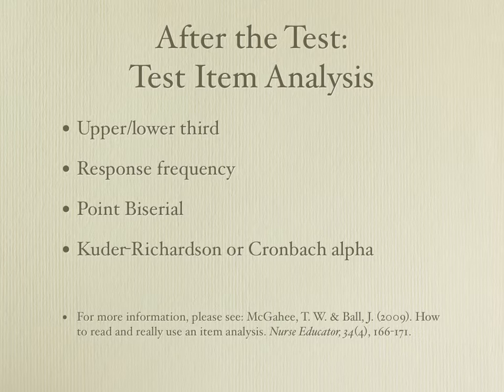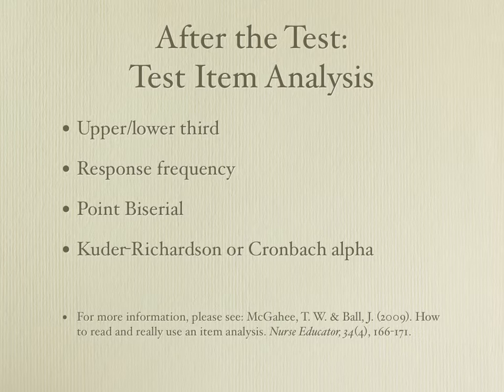Now flip it. The negative sign on that point biserial is going to reflect that it was a negative correlation, and instead those who were low scorers were more likely to answer that question correctly. Okay? The higher the point biserial number, the more difficult the question was.